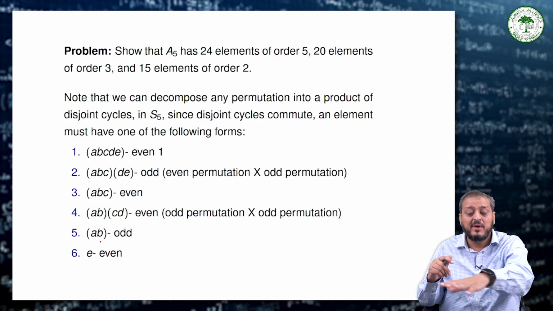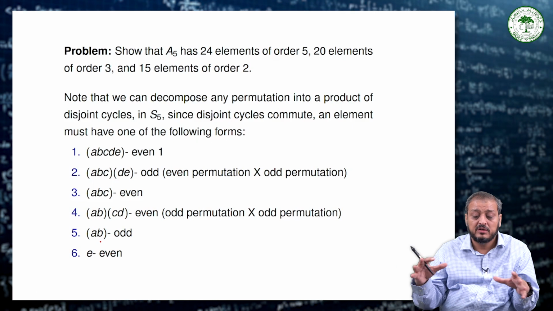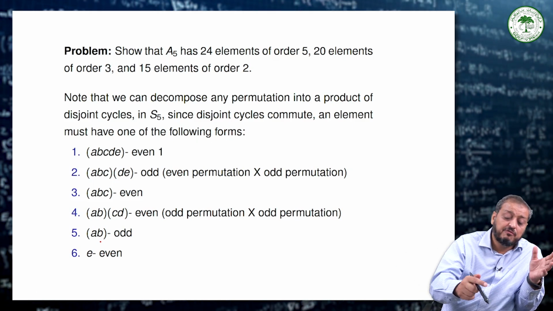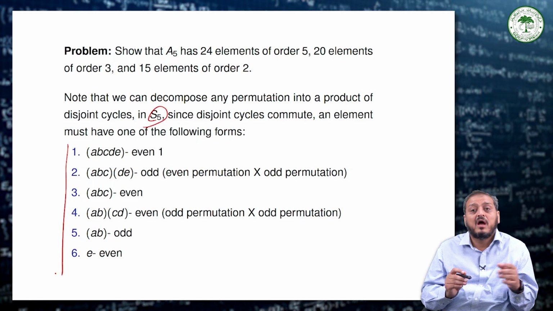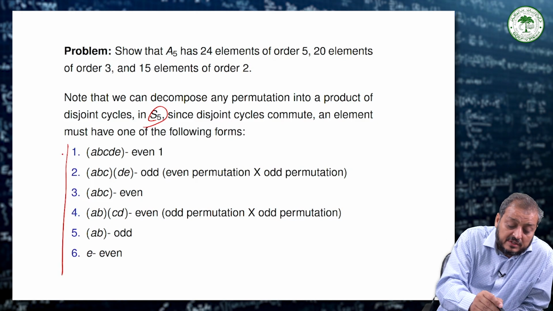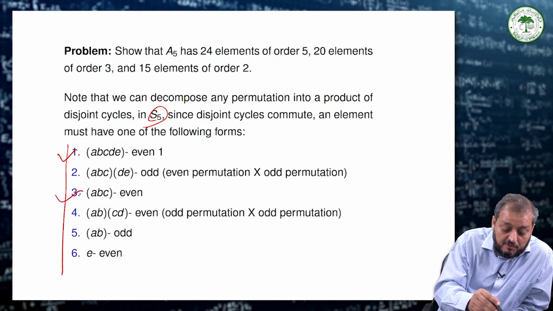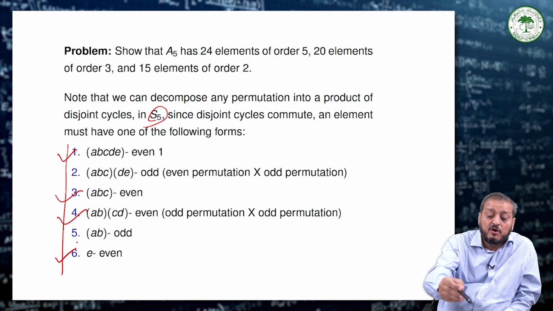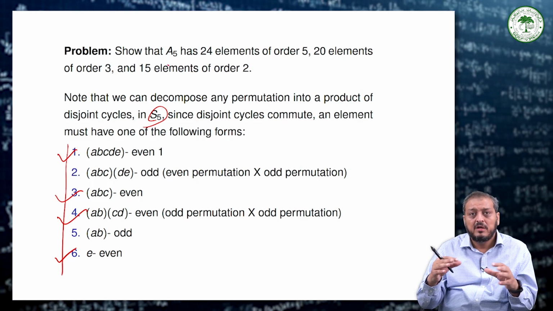So an element of S5 is of one of these 6 forms, but we are interested in 1, 3, 4 and 6, because the elements of A5 are the collection of all even permutations.